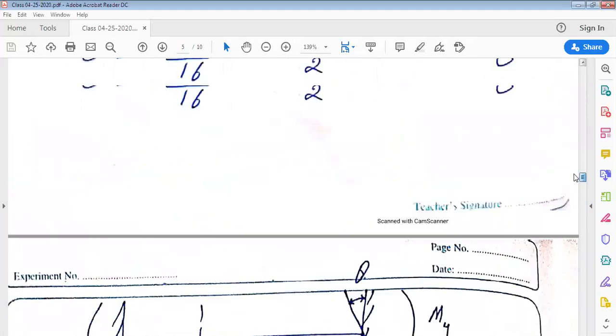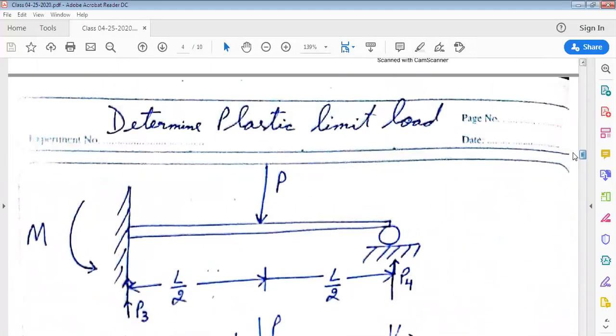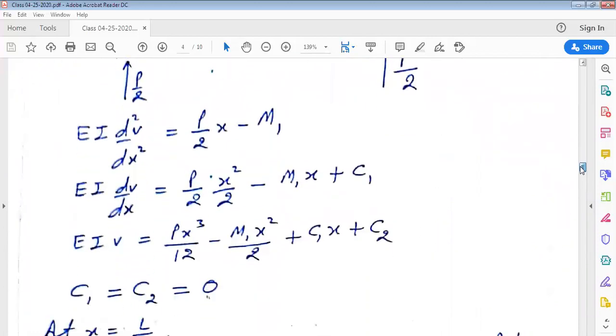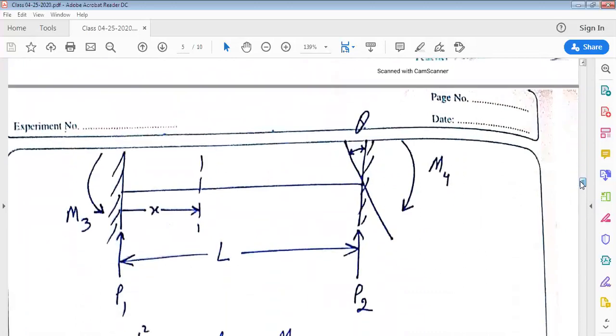So now we will argue that this is the original configuration, and in this original configuration, moment at right end is 0. That means M2, which is moment at right end of this particular configuration, plus M4, which is moment at right end of this particular configuration, should be equal to 0.